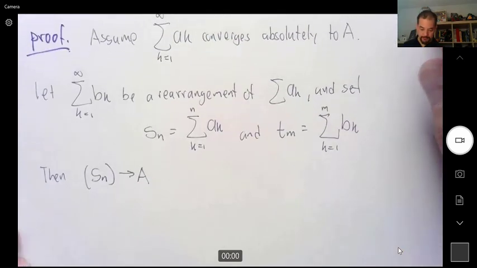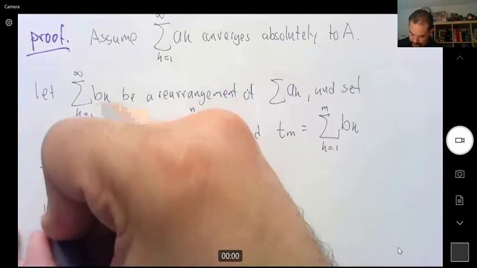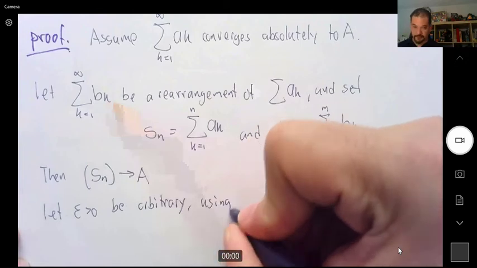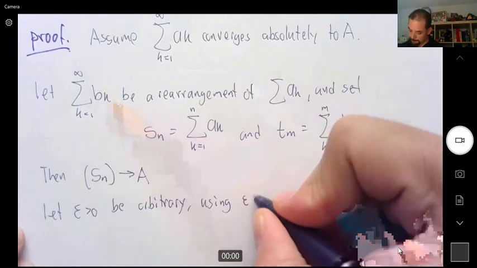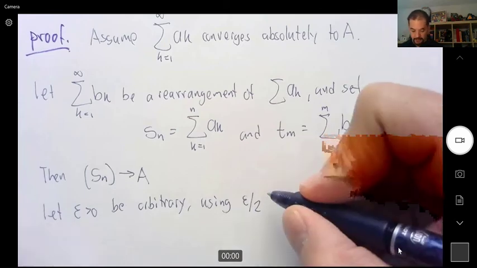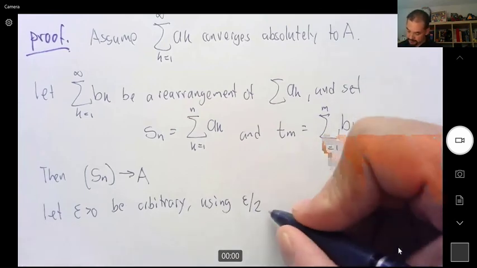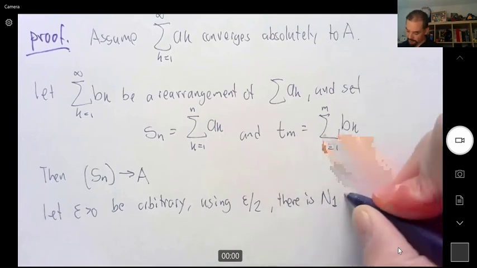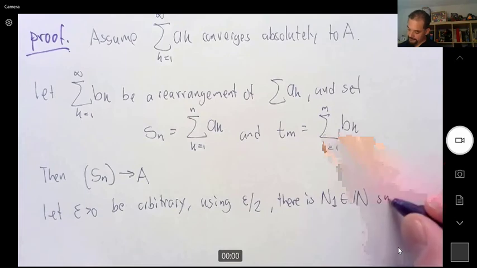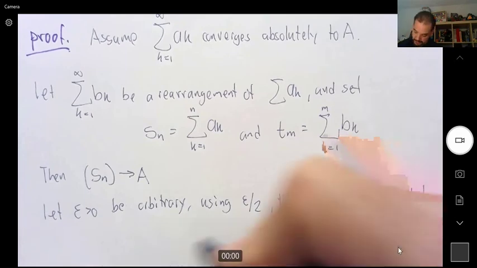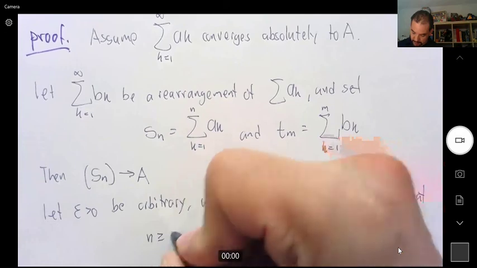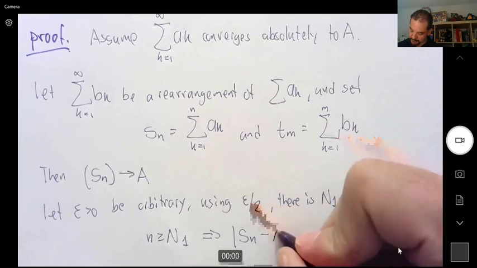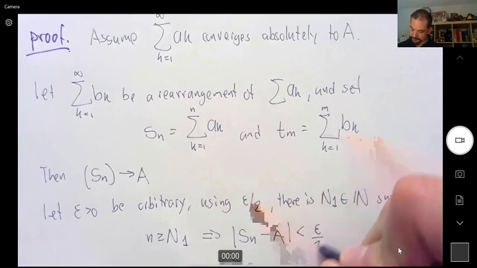It means that if I pick an epsilon, so let epsilon greater than 0 be arbitrary, and as is common, I'm going to use epsilon over 2, then we know that there is some natural number n1 such that if n is bigger than n1, then the partial sum Sn minus A is less than epsilon over 2.